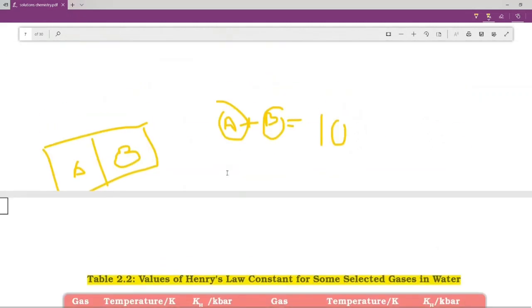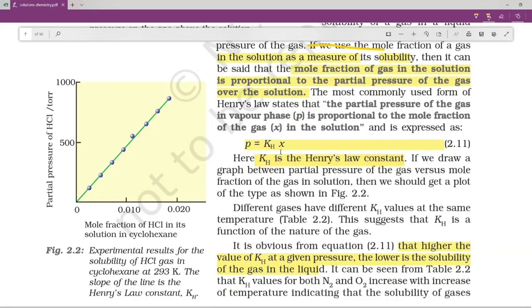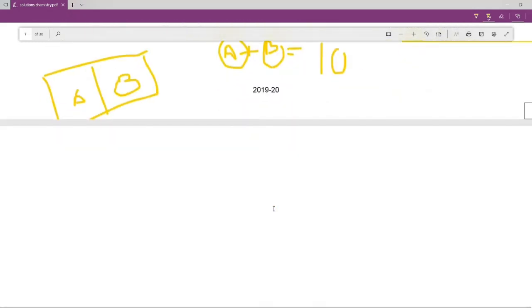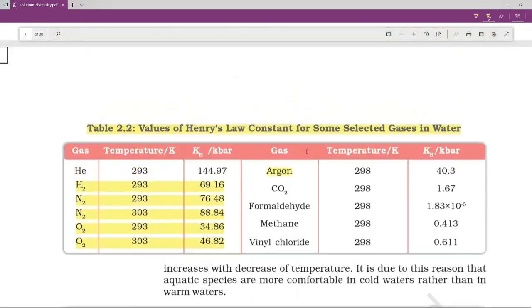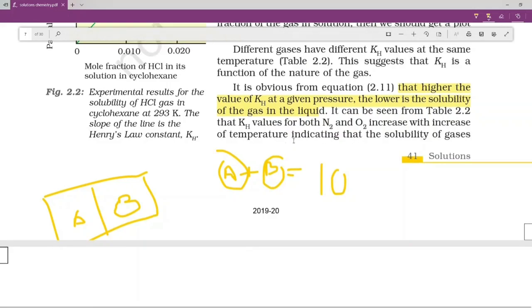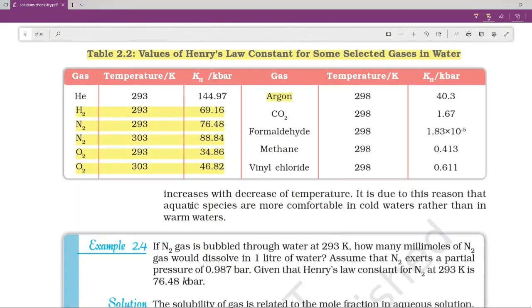That means if the KH value is increasing, then X will decrease. So this is what is written here, that with increase of temperature KH increases, indicating the solubility of gases increases with decreasing temperature.